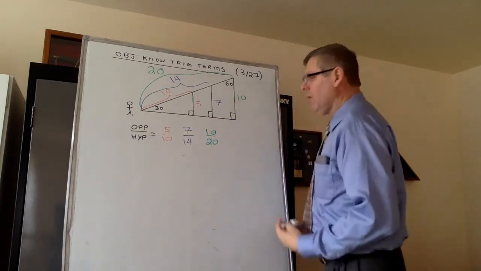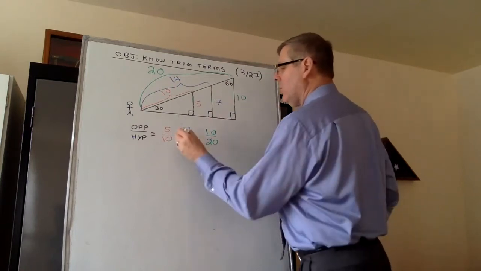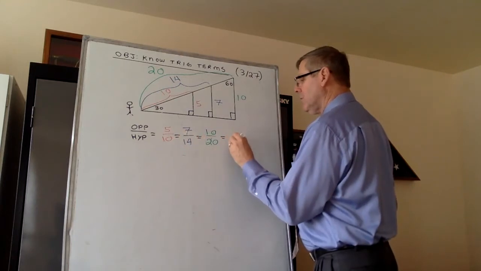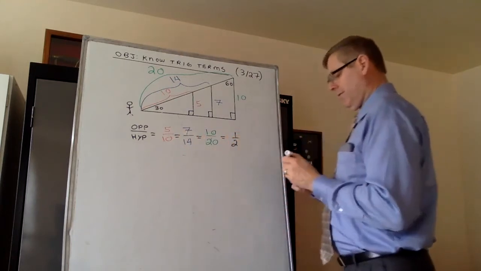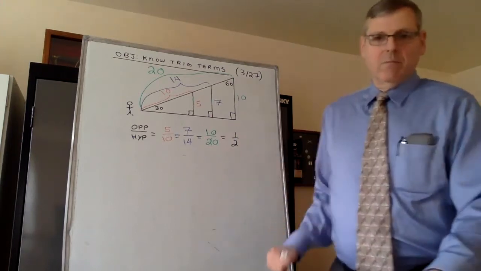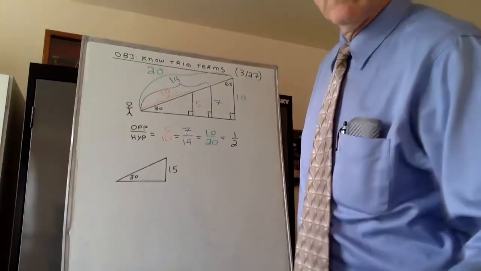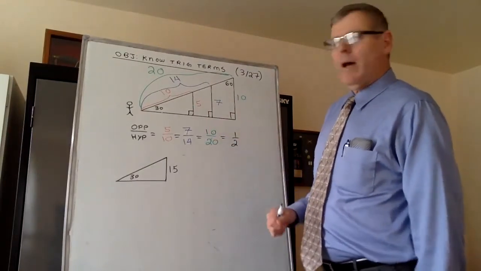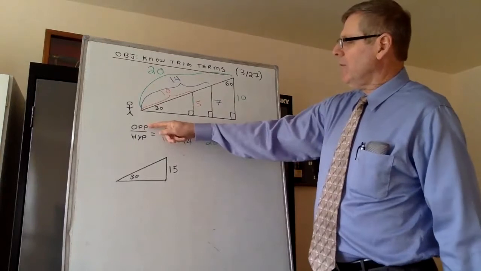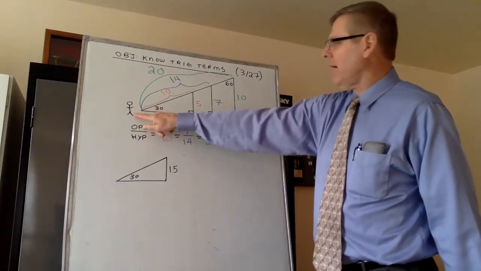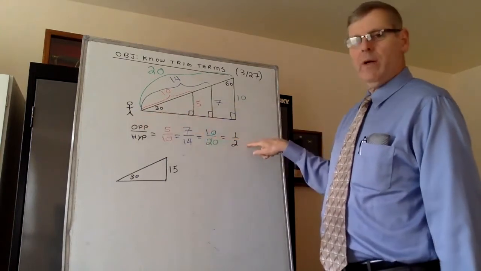Well, what I notice is that these are all equal, and that makes sense because I know they're similar triangles. They're all equal to 1/2. You should all have that in your notes by now. So what I observe here is that the ratio of the opposite side to the hypotenuse, if I'm standing at the 30 degree angle, is always 1/2.